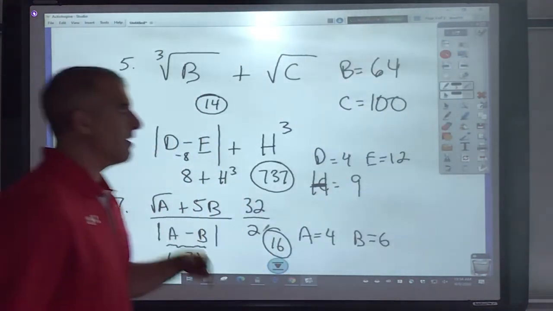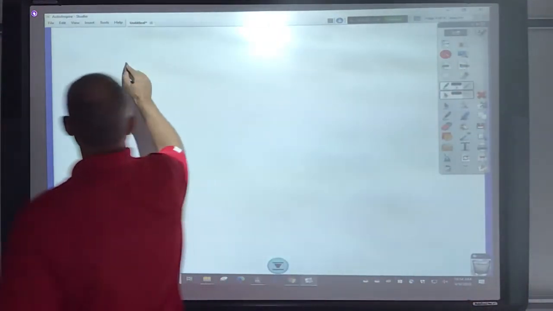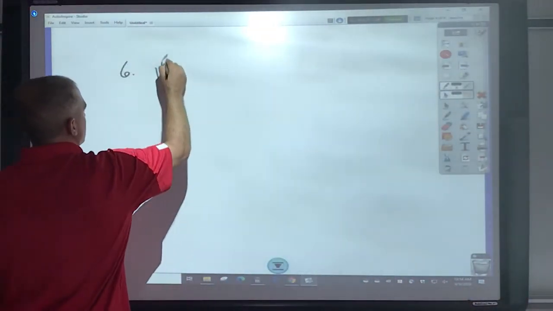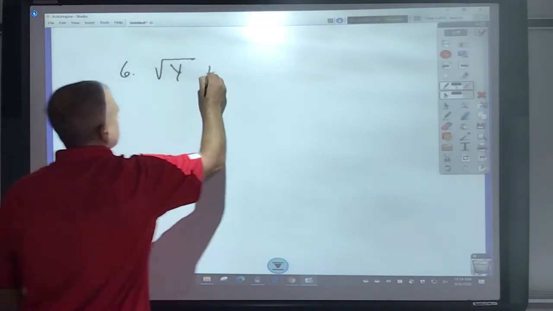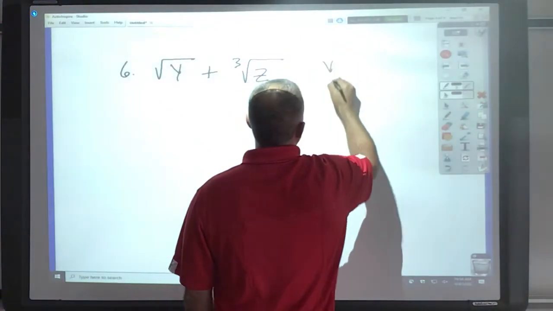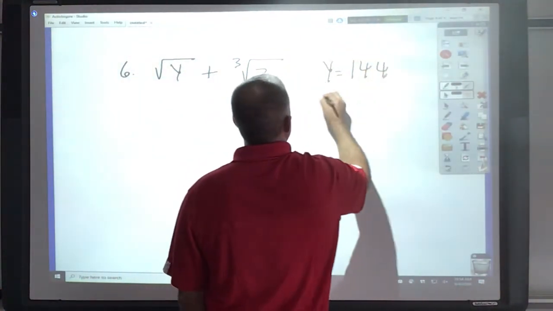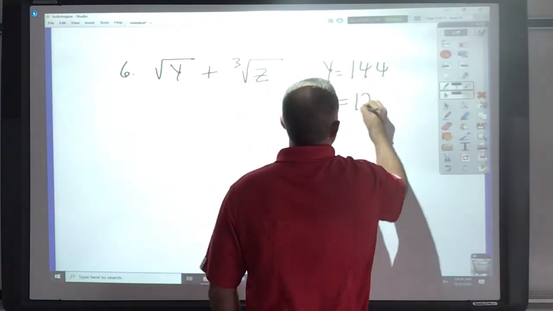I'm going to give you guys 3 to try on your own. Square root of y plus the cube root of z, where y is 144 and z is 125.